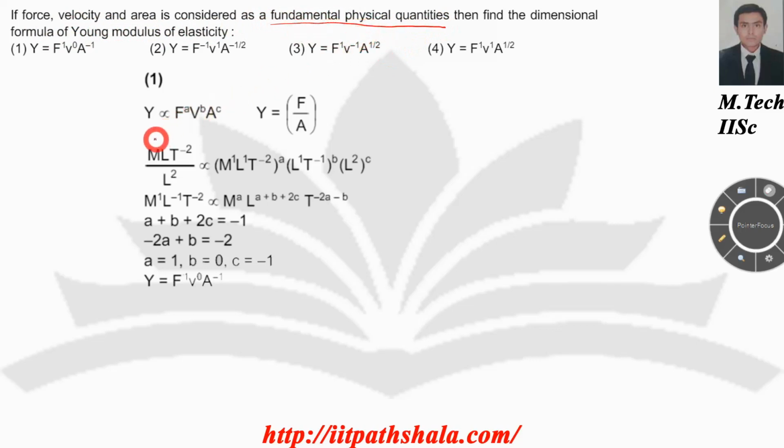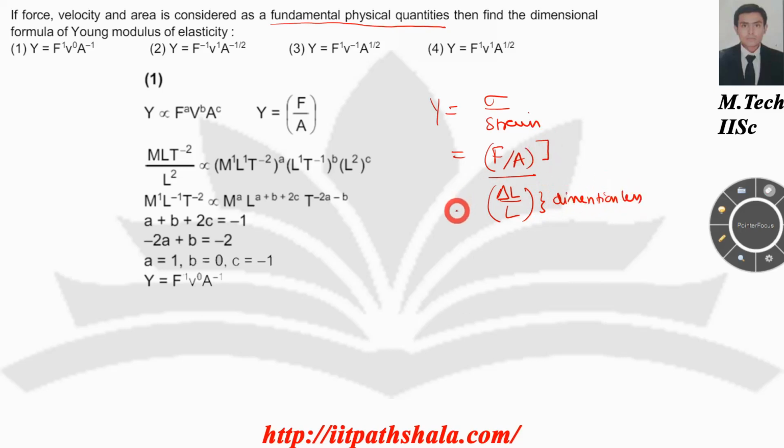So as you know, Young's modulus is nothing but stress upon strain, and as you can see over here, stress is nothing but force upon area and strain is nothing but the change in length upon total length L. So this is a dimensionless quantity. You are left only with F upon A.